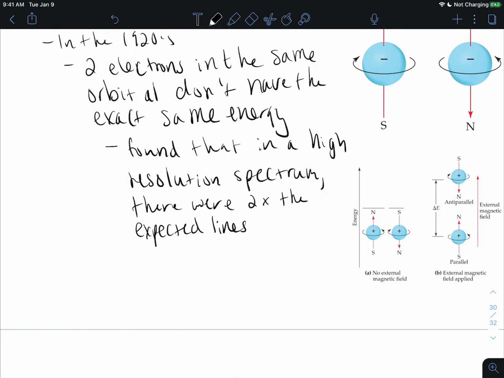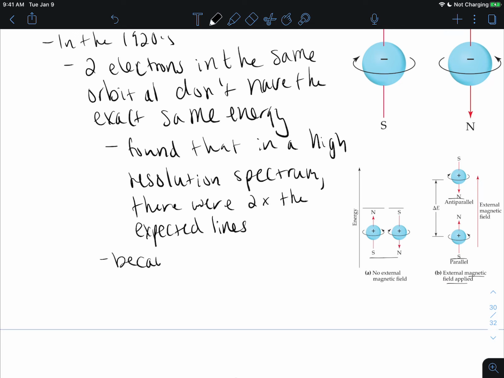So what happens as we take two electrons in an orbital and we introduce an external magnetic field, there is a splitting between the energies, an even more significant splitting between the energies of the two electrons, and it's based on what's called the electron spin.